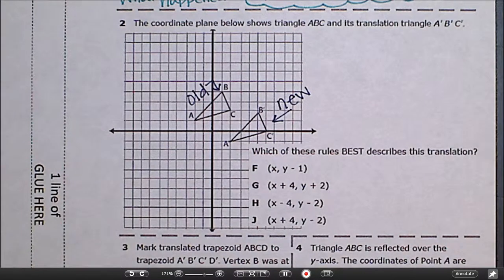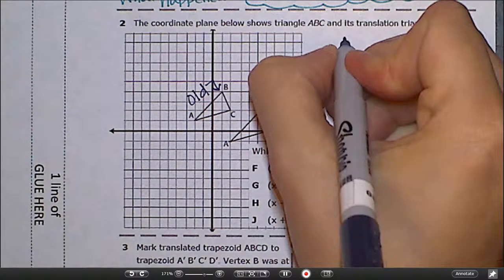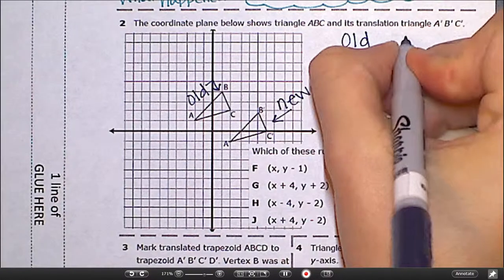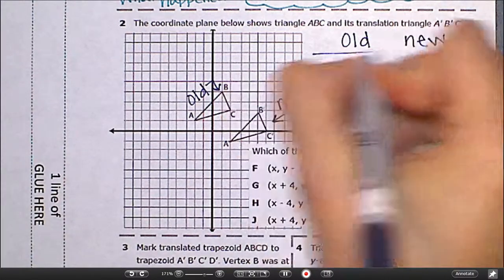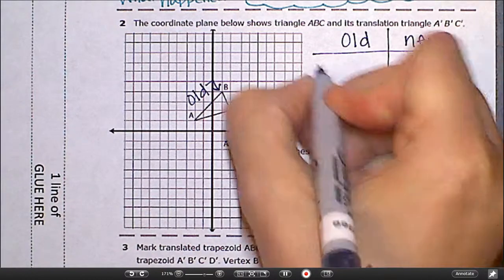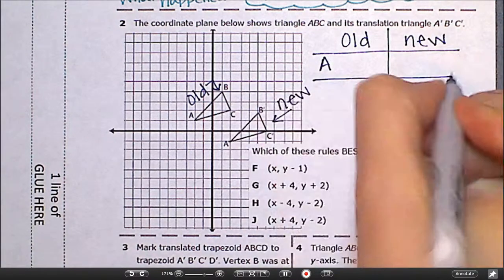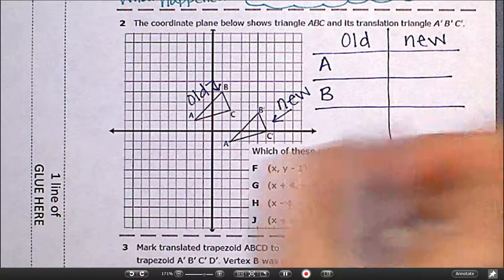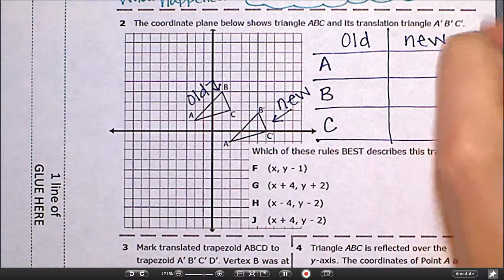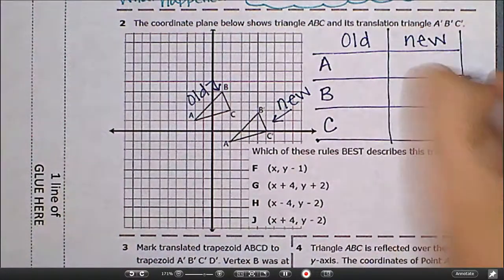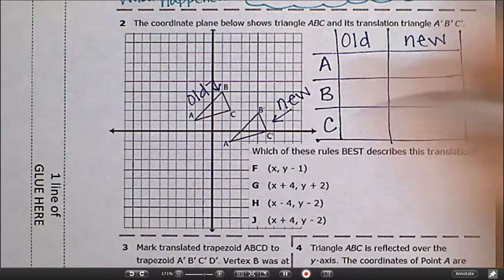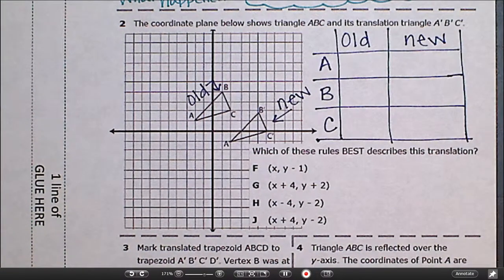I'm going to make a table here that says the old figure and the new figure, and we have A, B, and C. Now we need to talk about what are the coordinates of these points.